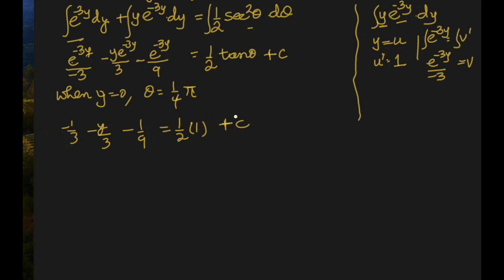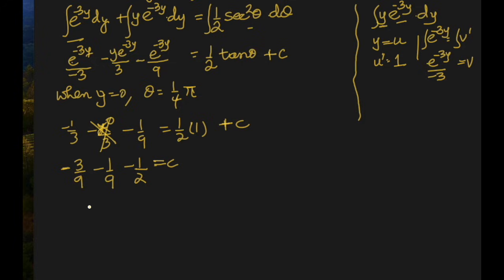So c stays here, and what do we get? Actually, this y was also 0. Yeah, y is 0, so gone. So what are we left with? Minus 1 over, let's write minus 3 over 9 to make it 9, right? Minus 1 over 9 minus 1 over 2 is c.